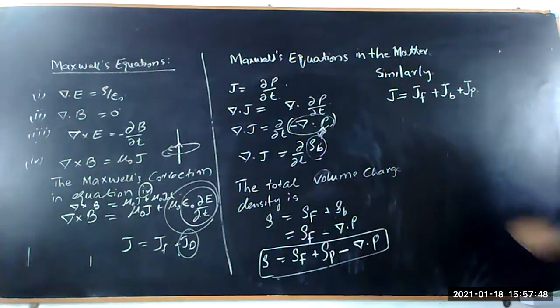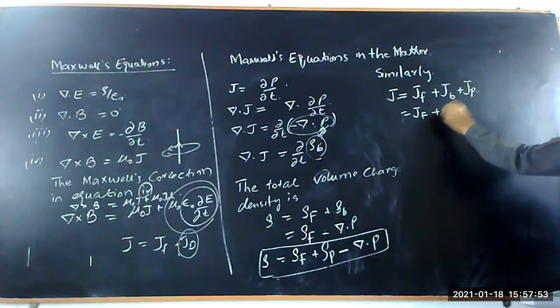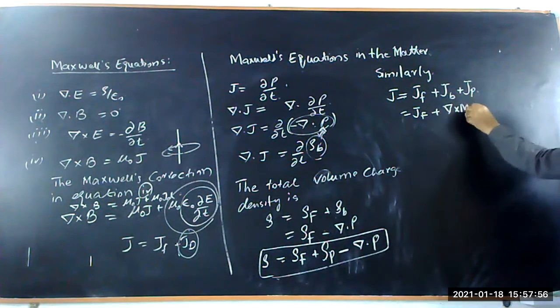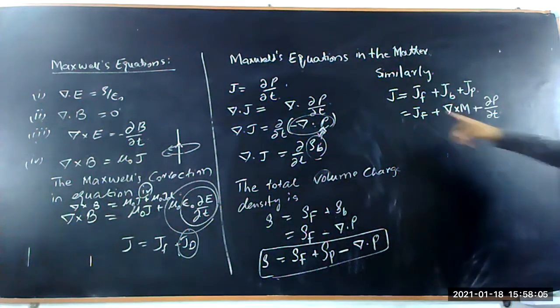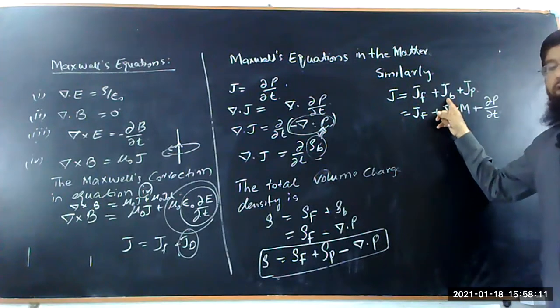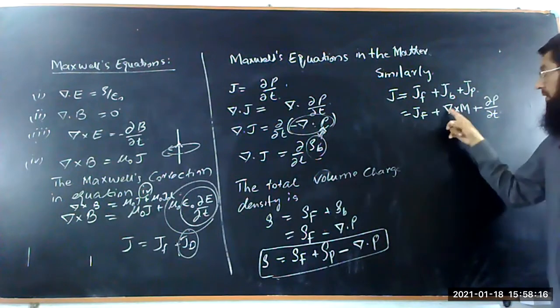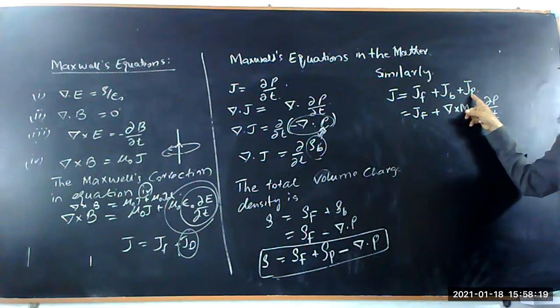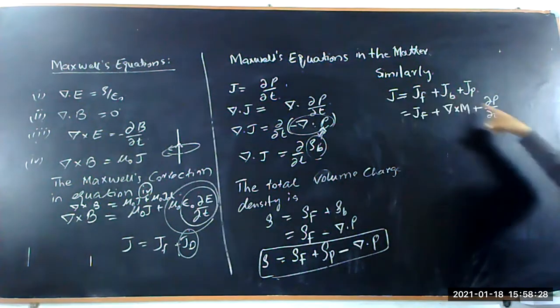So here J of F is this, plus J of B is equal to curl of M, plus J of P is equal to dP over dt. We have seen that this is the free current, the bound current is equal to curl of M, which we wrote in equation number 5, and the current density of the polarization charge is equal to the rate of change of the polarization vector. So the total J is equal to this.